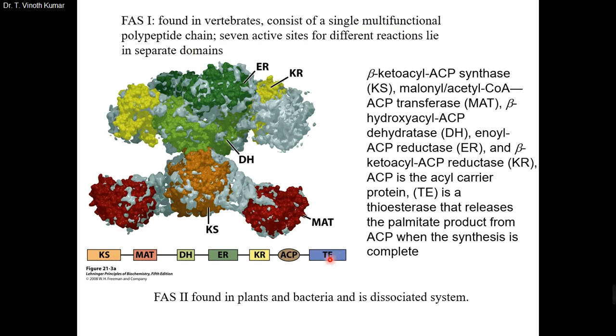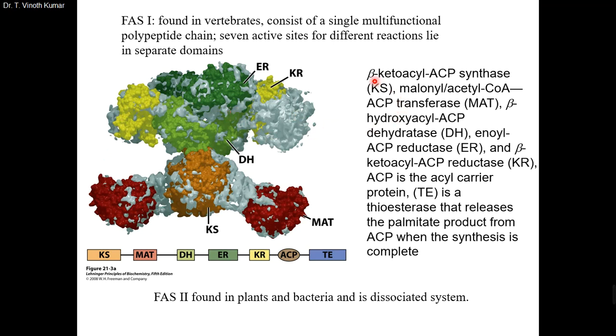These are the domains represented in different colors. You can see here the KS domain, MAT domain, DH domain, ER domain, KR domain, ACP domain and TE domain. So 1, 2, 3, 4, 5, 6 and 7 domains are available. We can see one by one what the meaning of KS is and what the meaning of MAT is. You can see here the 3D shape of the protein, the enzyme fatty acid synthase, and fatty acid synthase or synthetase, both are the same, and this is involved in the synthesis of fatty acid.